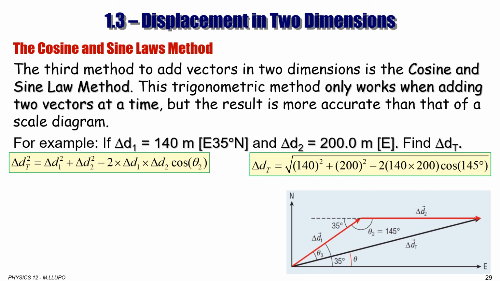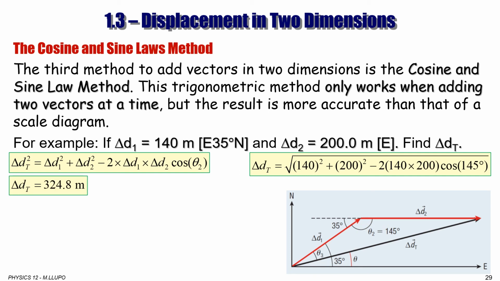So 180 minus 35, that is given already. This angle here is given. You calculate theta 2 as 180 minus 35, which is 145. You're going to do this calculation all the time. So this angle theta 2 is not given, you'll have to figure it out, but it's easy to figure out.